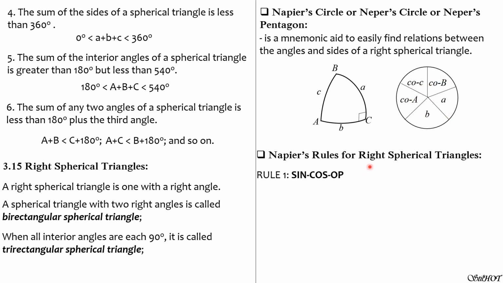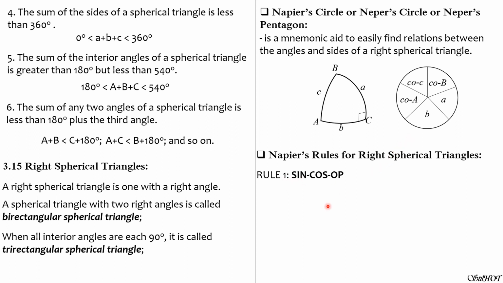I will present 2 formulas here, and the 3, I want you to derive. So that you don't need to memorize, just memorize sin cos op rule and the sin tan ad rule. The rest, you will know how to derive the 10 formulas after applying the 2 rules.